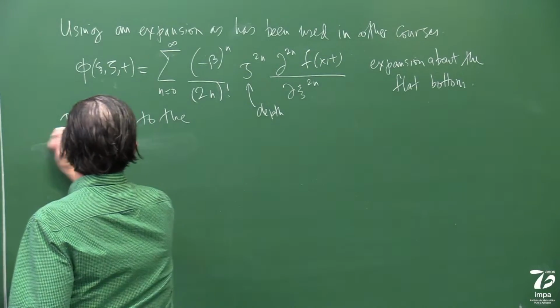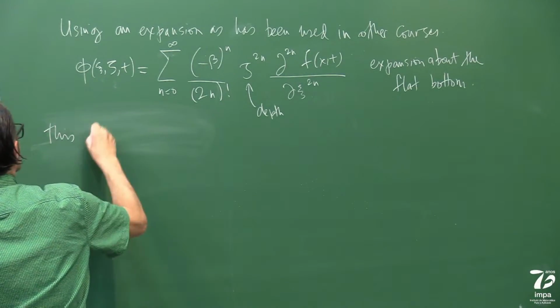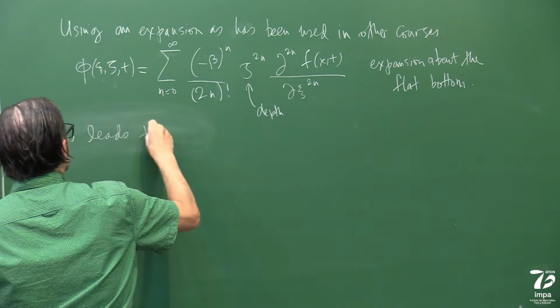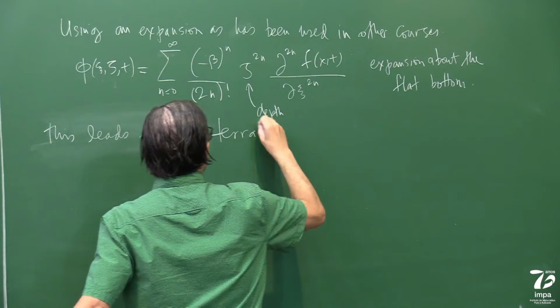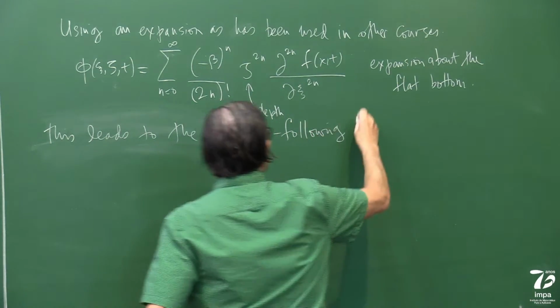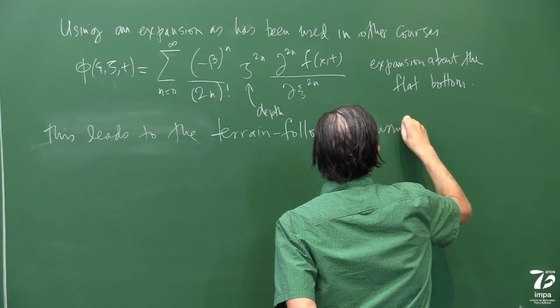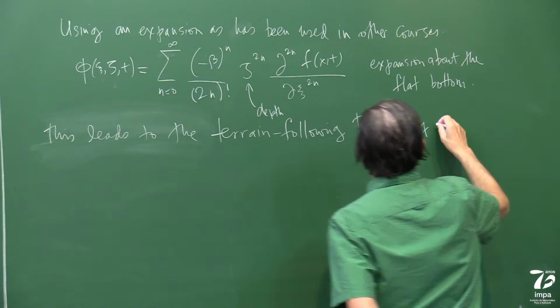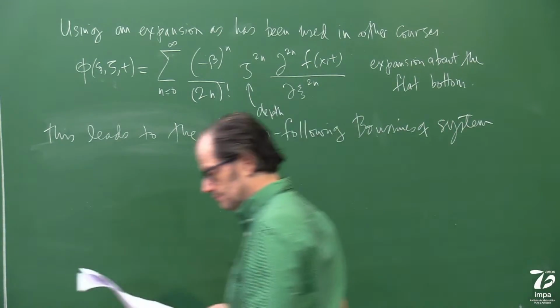Well, let me actually write this a little better. This leads like this to the terrain following Boussinesq system. That's the title of the paper. I will explain this in just a second.